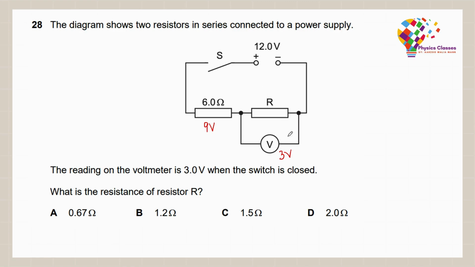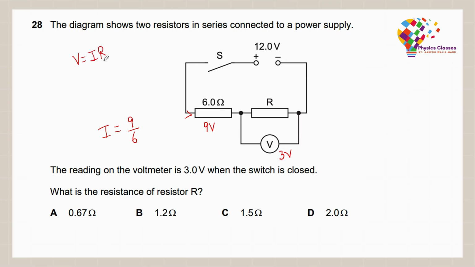Now I can calculate the current through the 6 ohm resistor. So current for the 6 ohm resistor would be 9 divided by 6. This is simply by using the equation V is equal to IR. 9 divided by 6 will give me a current of 1.5 amperes.